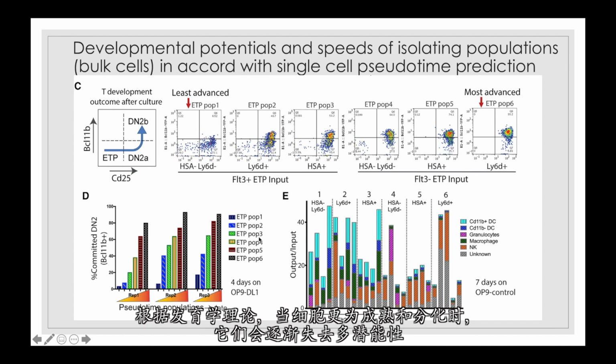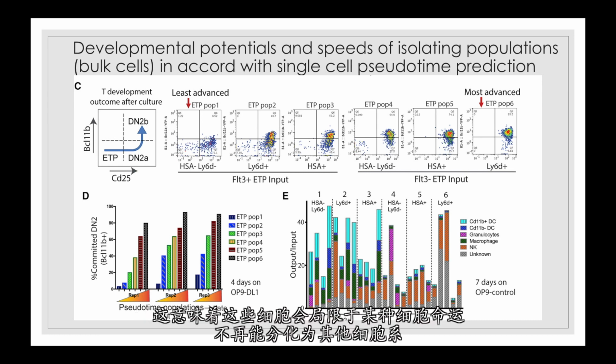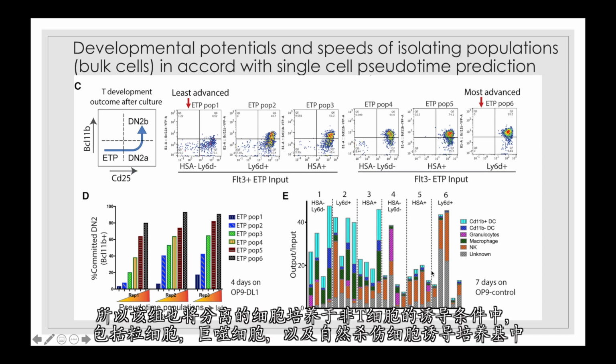According to the theory of development, when the cells go into a more mature and differentiated status, they will lose multipotency, which means they are more restricted to one cell fate and cannot convert into other cell lineages. So they also cultured these 6 populations of cells under culture conditions toward non-T cell lineages, such as granulocytes, macrophages, and NK cells.